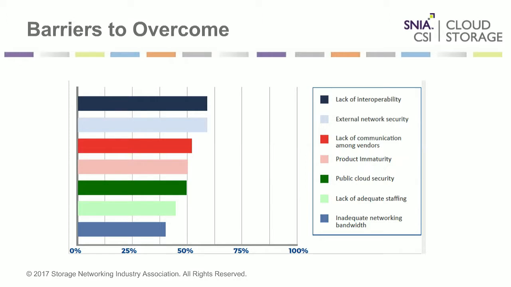I wasn't really thinking about that when I first started writing the question, but since I'm a storage networking guy, and interoperability years ago was this big issue, I figured, what the heck, I'll see if that's an issue as well. And I was absolutely dumbfounded to see it rose to the top of the list along with external network security, and public cloud security actually fell down the list.